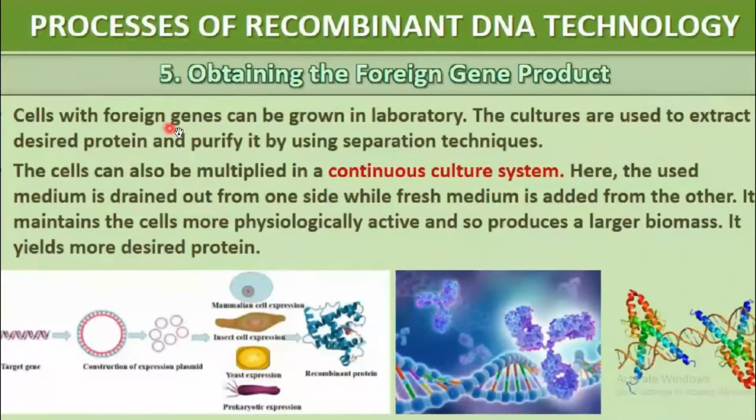Cells with foreign genes can be grown in the laboratory. The cultures are used to extract the desired protein and purify it by using separation techniques. How do we multiply this? It can be multiplied in a continuous culture system.